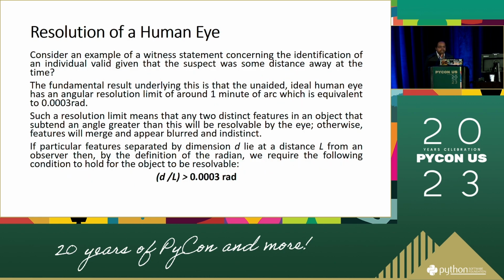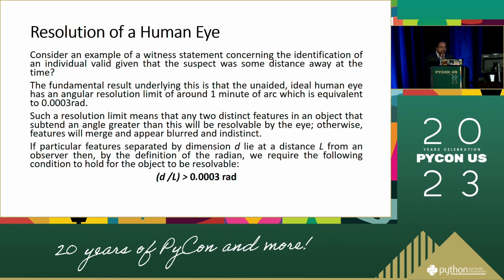Then the next case is the resolution of the human eye. We know that the human eye has certain limitations. We cannot see infinite distance, right? Everyone has their own limitations of the eyes. Here we need to consider an example of a witness statement concerning the identification of an individual, and whether it is valid given the distance of the suspect at the time.